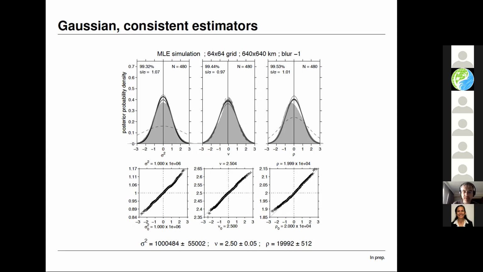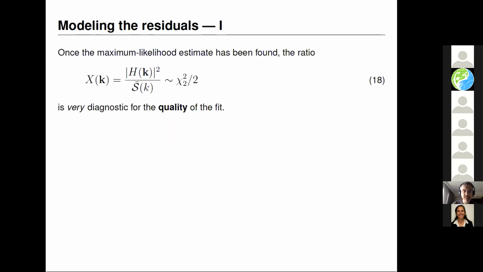That's the type of plots I have in the background when we're doing the estimation, but I'll be giving you more detail. So, two things by which we as practitioners look at the quality of our fit. Once we have the answer, the ratio X here, that periodogram to expected periodogram ratio, is a chi-squared 2/2 variable. That's a very diagnostic number that we use for quality of the fit in general.